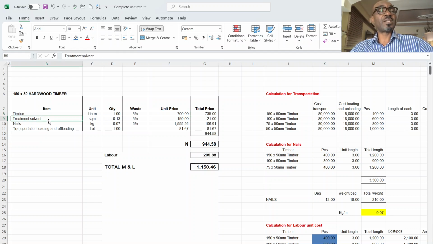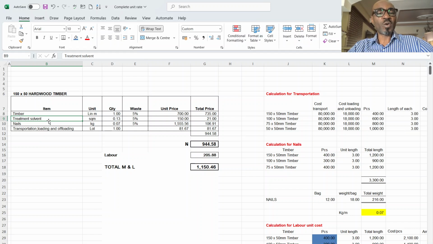Then the treatment solvent. There are different kinds of treatment solvent in the market, and the practice you see on site these days, if not properly supervised, is that people get this solvent and just sprinkle it on the wood, leaving some areas where termites can easily attack the wood.